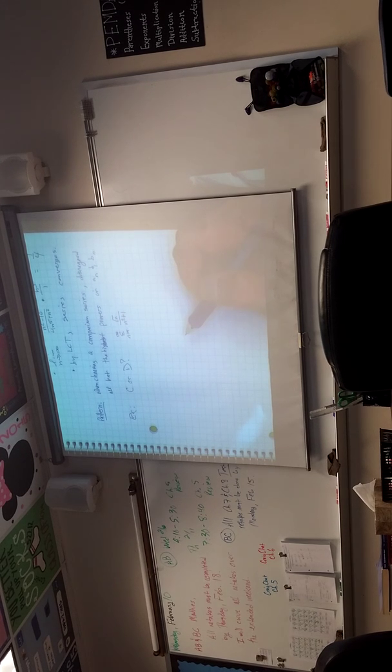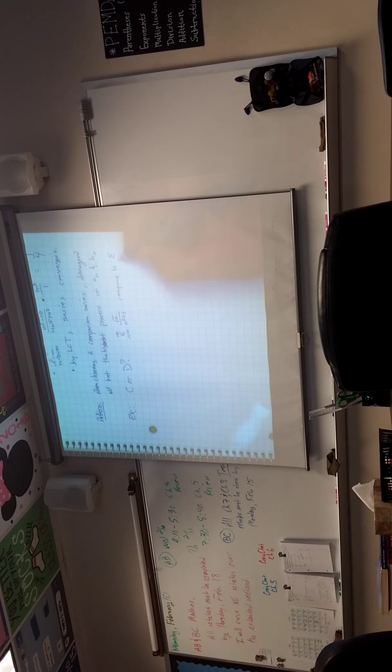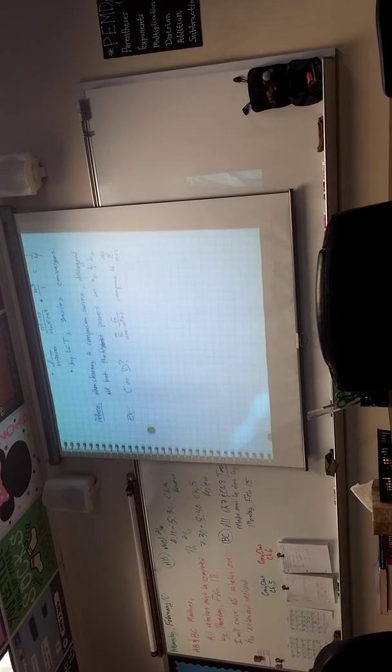Now, the series we want to compare it to, because I can't just compare it to anything. I have to compare it to something comparable. And I'm going to use the statement above and compare the degree. Now, the degree on top is 1/2, and the degree on the bottom is 2.